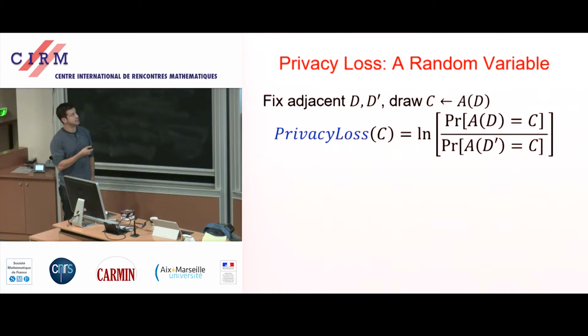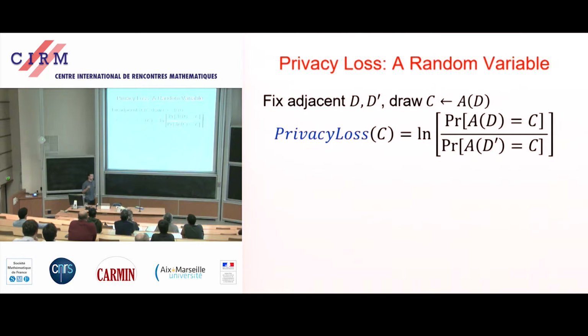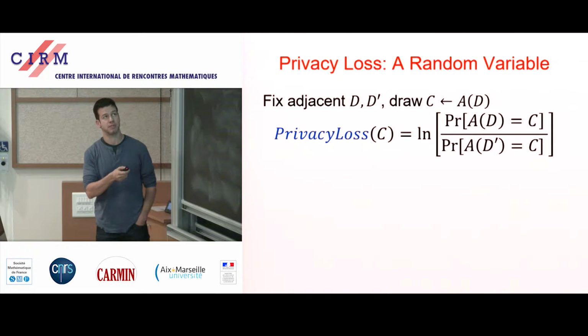So fixing two adjacent data sets as we did, D and D prime, we can run the algorithm A on D, we get some outcome C, and we can define the privacy loss on this outcome as the log ratio of the probabilities that we get this outcome according to D and D prime, and intuitively that's a quantitative measure of the privacy loss that's been incurred by running the algorithm A and seeing the output C. It captures somehow the confidence or the information, at least in an intuitive level, that an adversary learns from seeing C, or the advantage it now has in distinguishing whether I was in the data set or not in the data set.